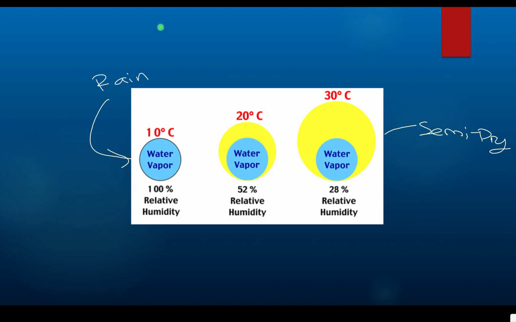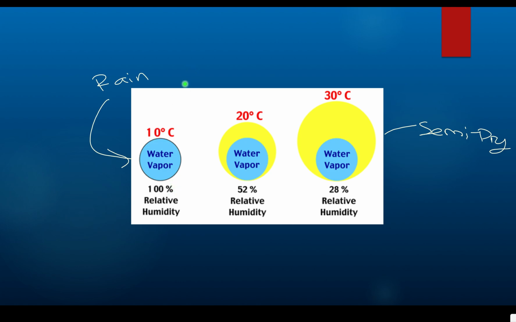So if the humidity is 100%, that means the air has a relative humidity of 100% and it is full of water vapor. Warmer air can hold more water vapor, because when we heat something up, it expands, if you think of the first unit. At 10 degrees Celsius, the space that the air molecule takes up is the same amount of space as the water vapor takes up, meaning it is now 100% full.